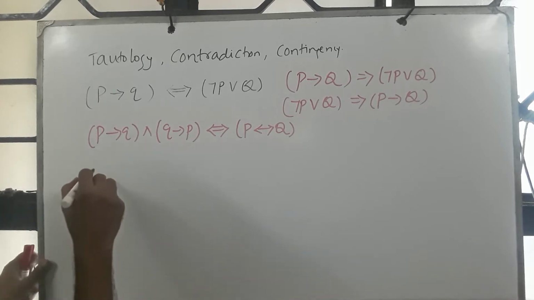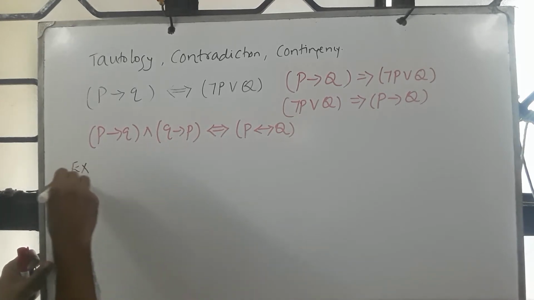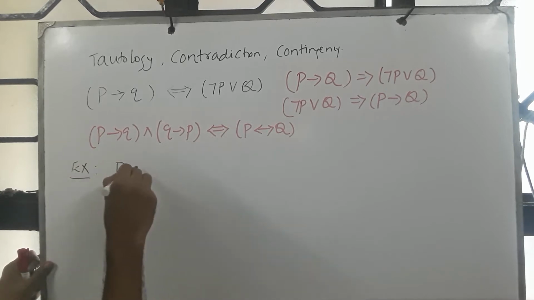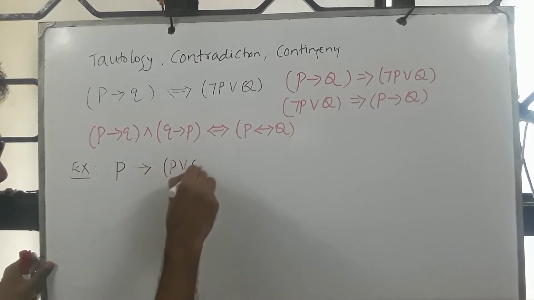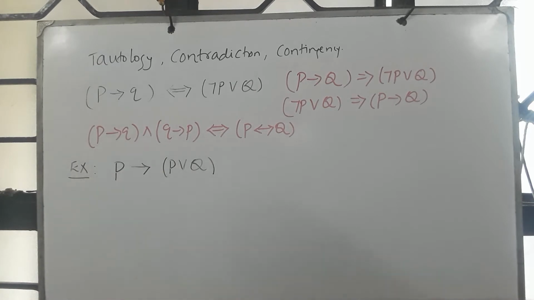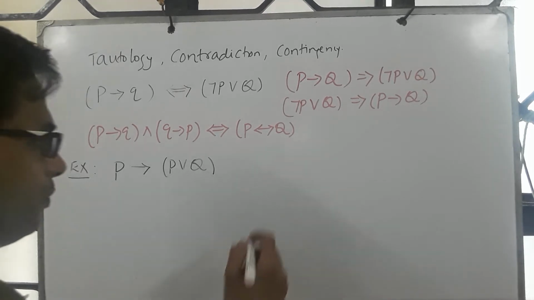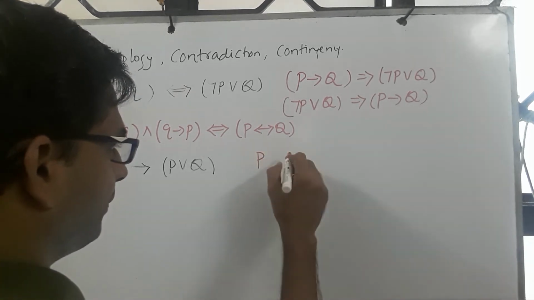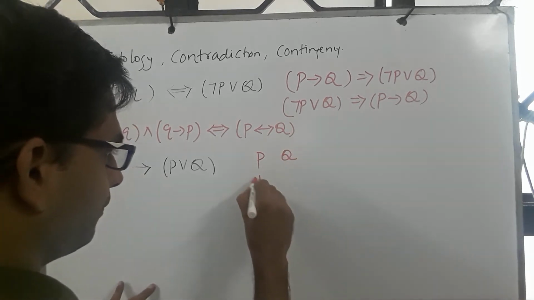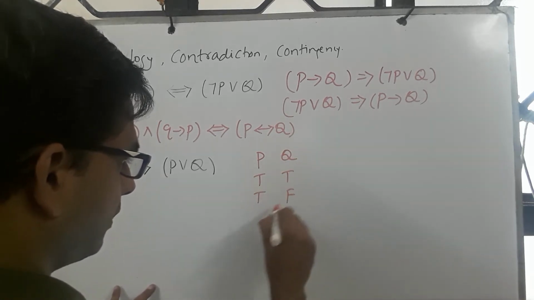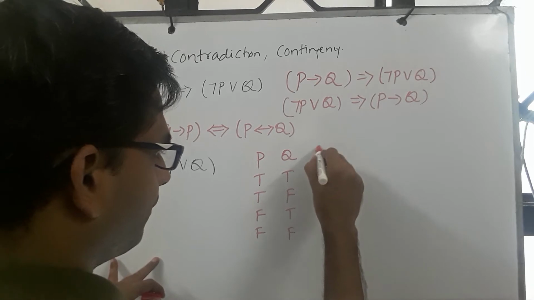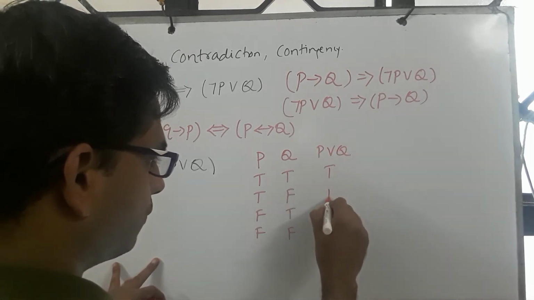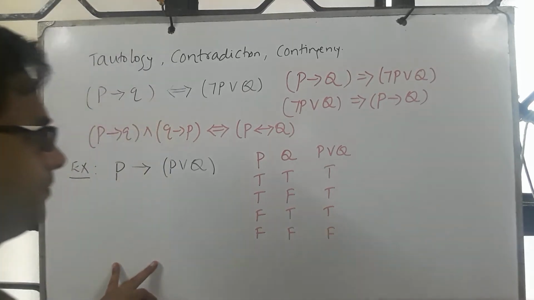So if you look at expressions of this form, say P implies P or Q. Okay. So you have an expression involving two propositional variables. Let's look at that. So you have P, you have Q. So it's P or Q. So P or Q is true, true, true, false.